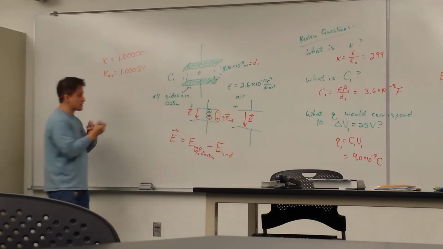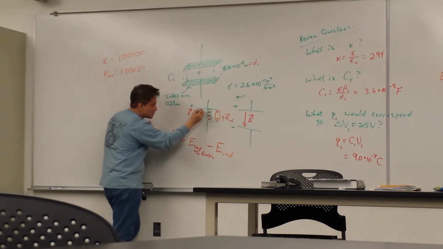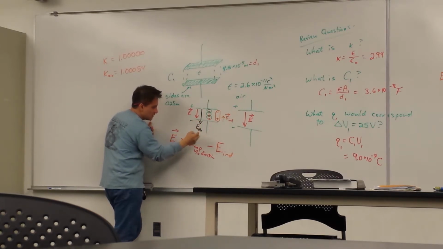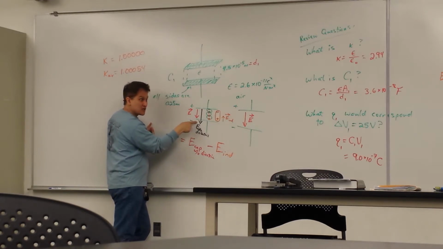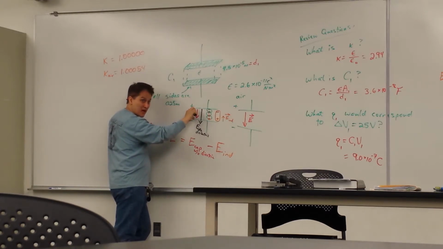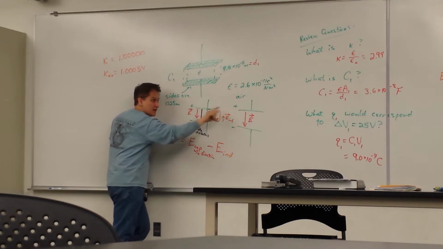The one thing that you can say with certainty is that in between here, it's almost like you've got an electric field due to the Q, as though there's no dielectric. It's physically larger because of the vector difference, or the vector sum, between the two parts.